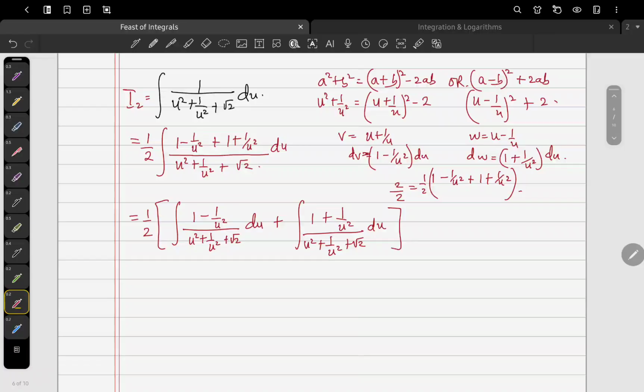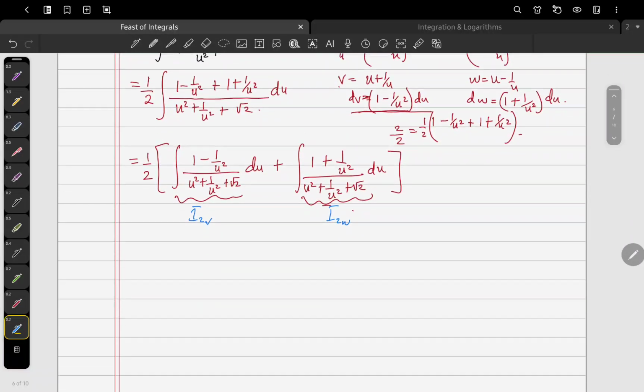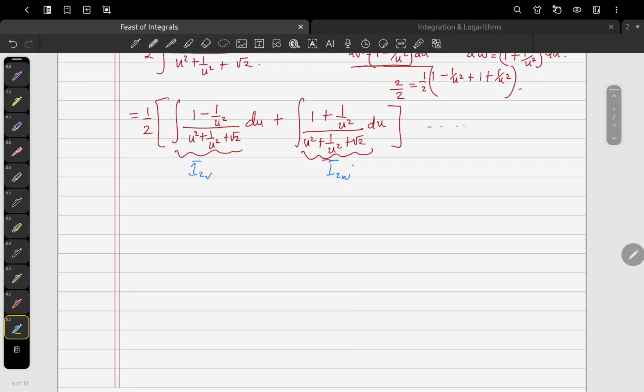The one where I have 1 minus 1 over u squared du in the numerator, I'm going to take as v. So maybe I should call this I2v, and this should be I2w, to indicate what I want to take as the substitution. So let's consider I2v.